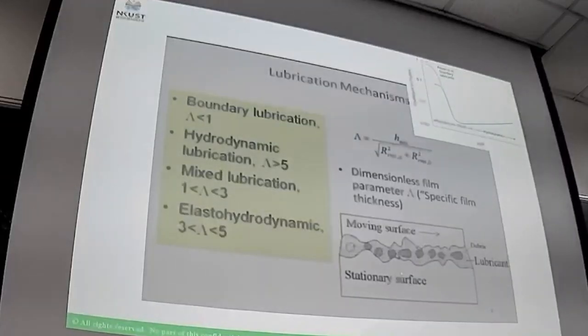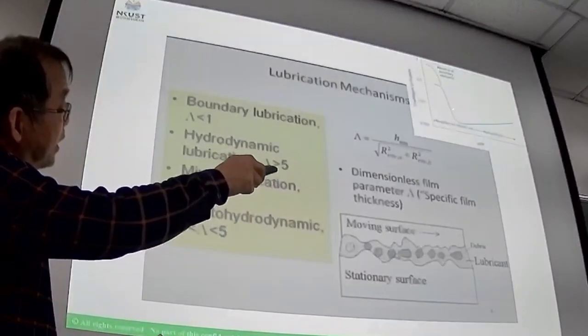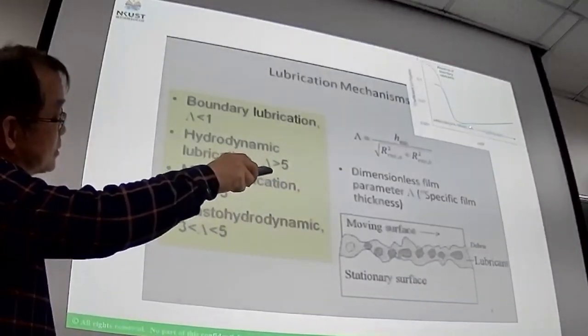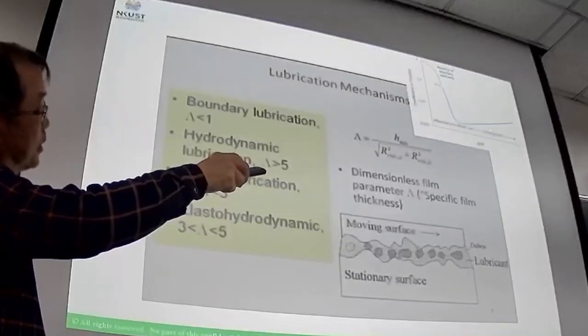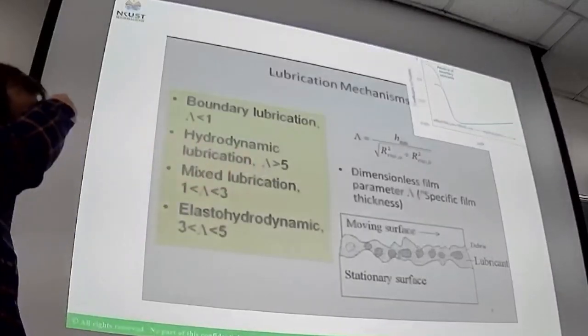It has three different categories for the lubrication. This line here is the boundary lubrication. In between this and this is the mixed lubrication. From this one onward is hydrodynamic lubrication.